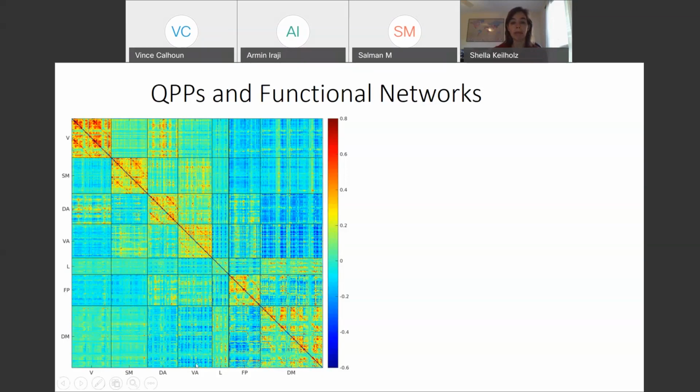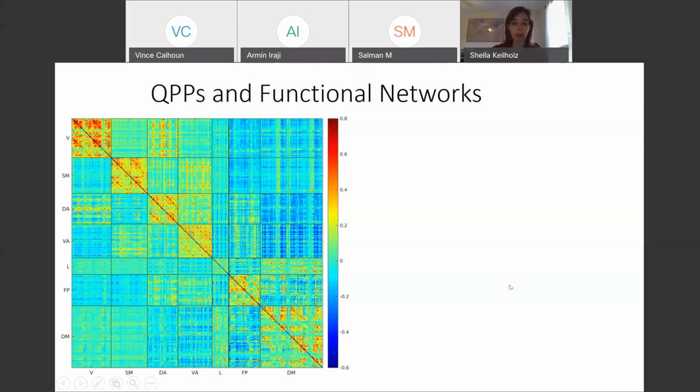So we have just the basic functional connectivity displayed as correlation between areas pairwise in the Human Connectome Project. And so each of these diagonal blocks is basically a network. And so these squares show intra-network correlation, and the off-diagonal squares show inter-network correlation or anti-correlation, for example, between task-positive network and default mode network.